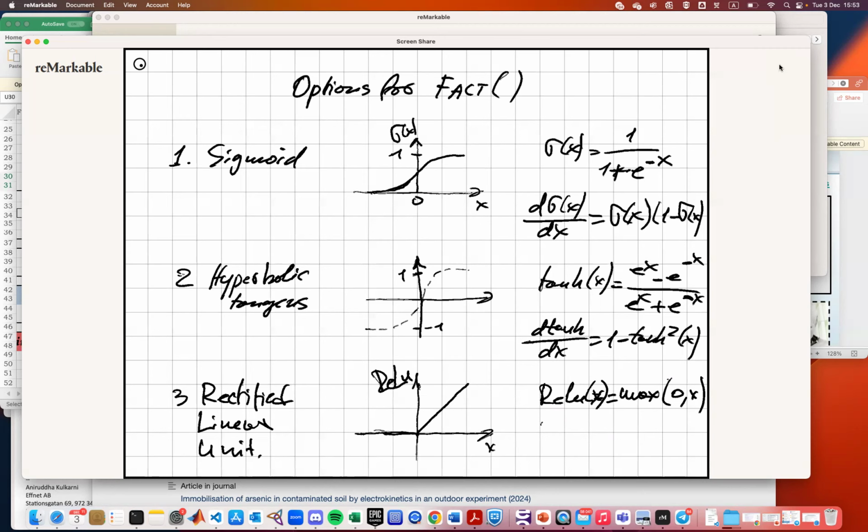And dReLU/dx is 0 and 1. So 0 for x below 0 and 1 for x above 0.